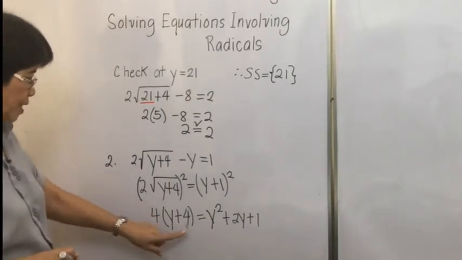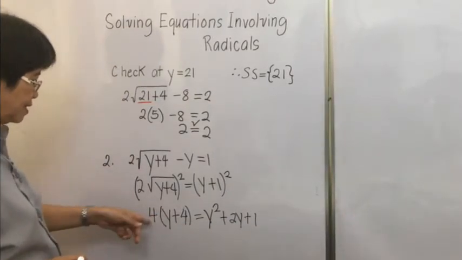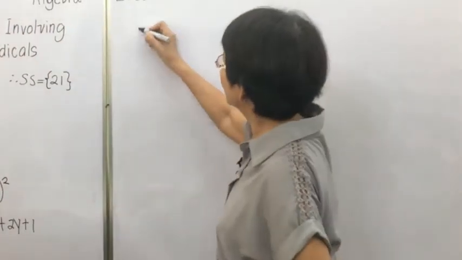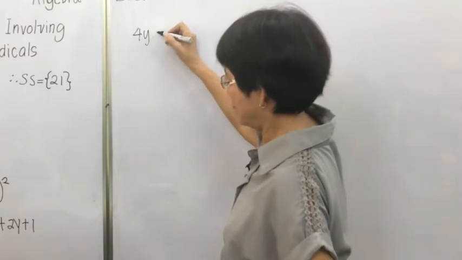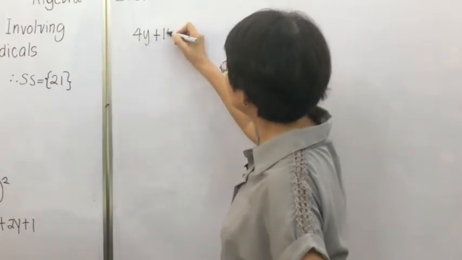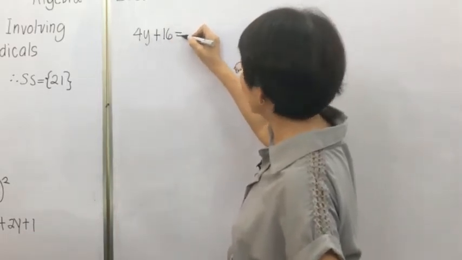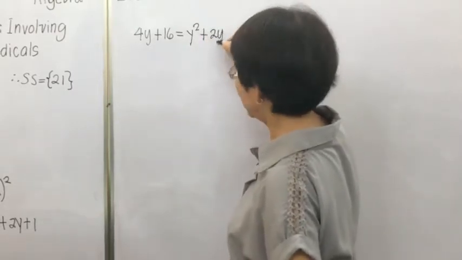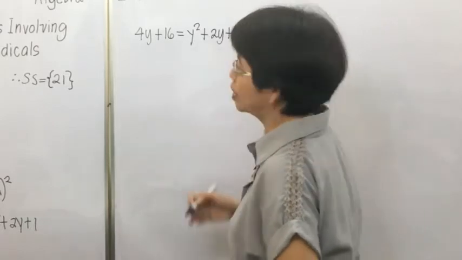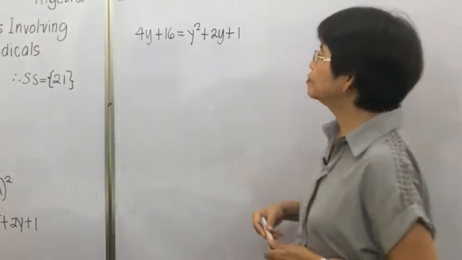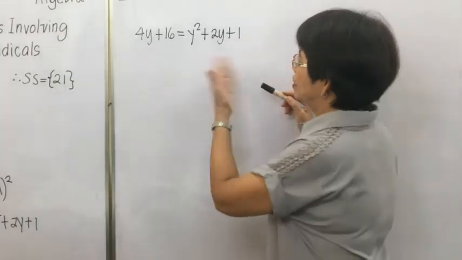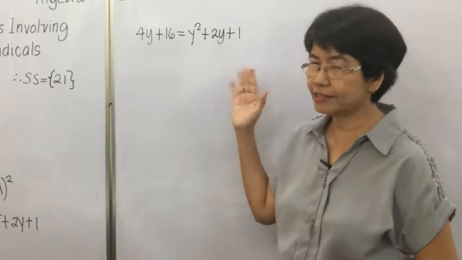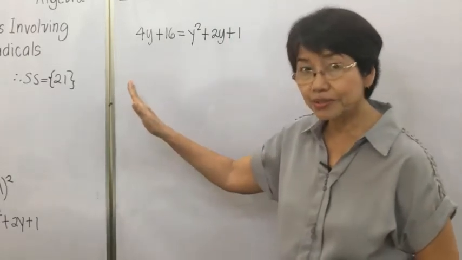And then we simplify this. So we will have 4y plus 16 equals y squared plus 2y plus 1. And since we have a y squared here, we will transfer everything to the right side and set the left side of the equation to 0.